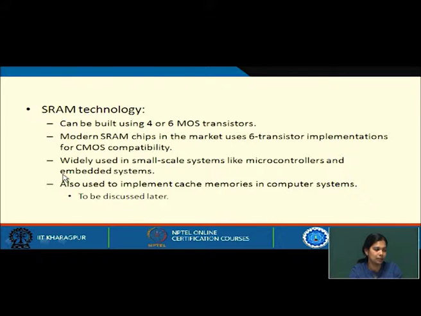We know that today microcontrollers and embedded systems are everywhere, and they do not require very large memory, but they require faster memory. So, SRAM chips are used in these, and also to implement cache memory in the computer system, which will be discussed later.